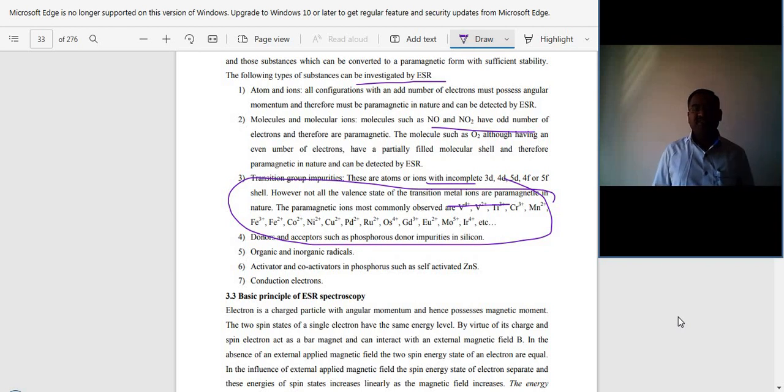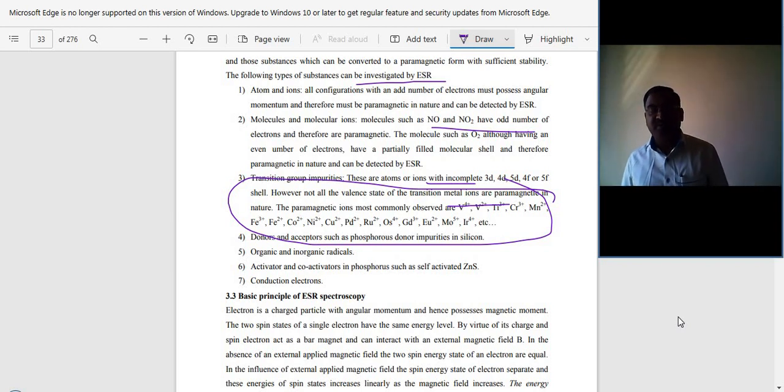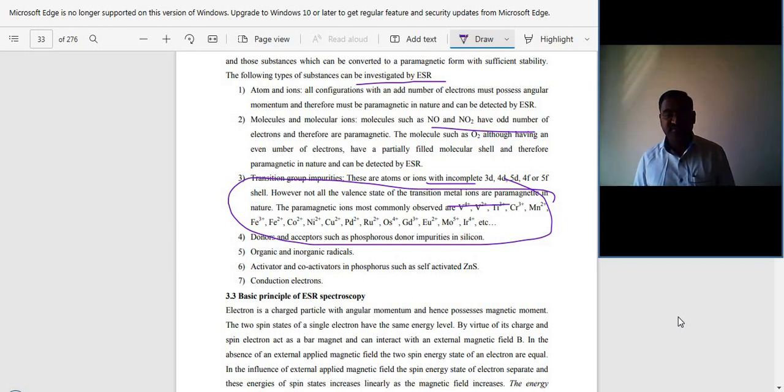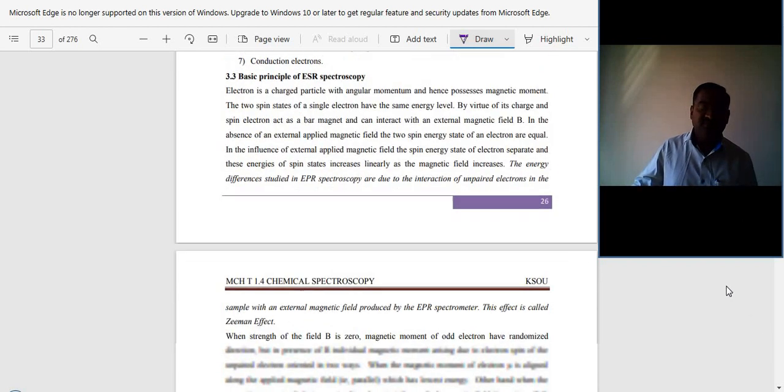Donors and acceptors such as phosphorus donor impurities in silicon, and organic and inorganic radicals are ESR active. The activators and co-activators in phosphors such as self-activated ZnS, and conduction electrons, are also ESR active.